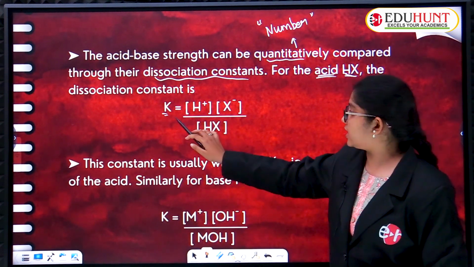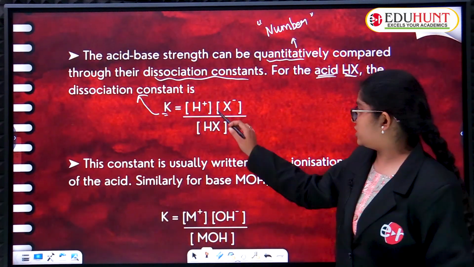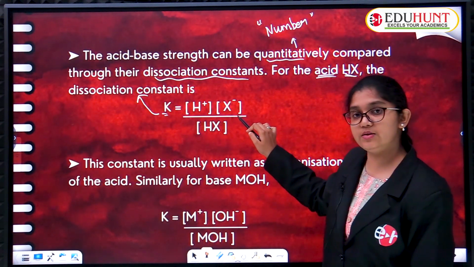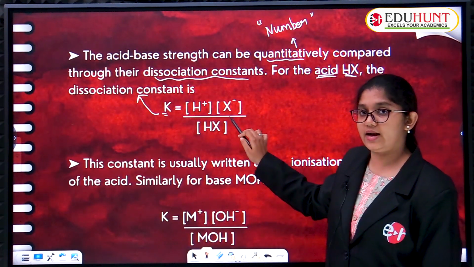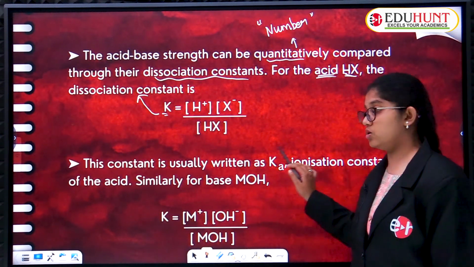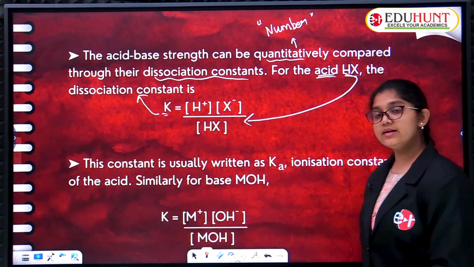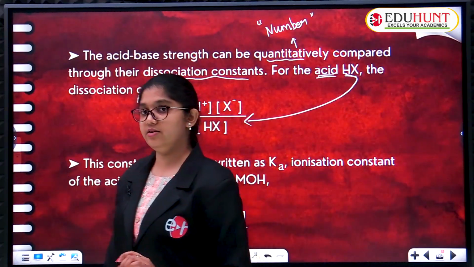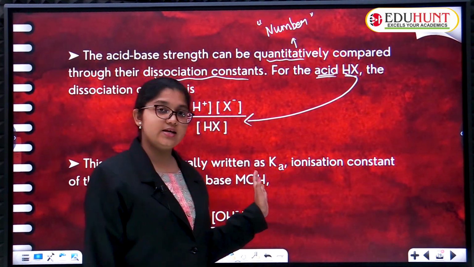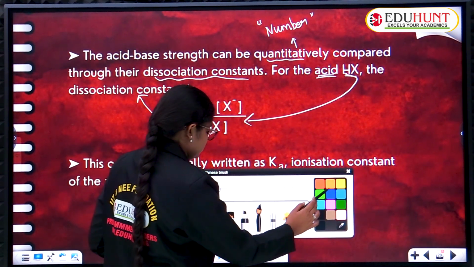Here the dissociation constant regarding acid is given as K equals H plus, which is a hydrogen ion, and X minus, a negative radical or anion, by the complete acid formula HX. And similarly with that of base. This constant is usually written as Ka.